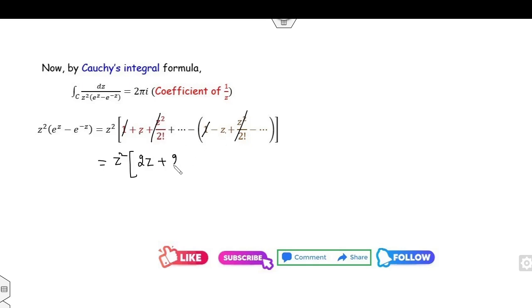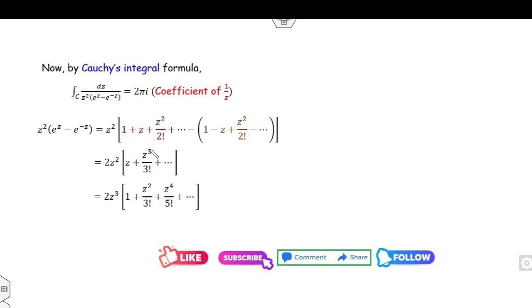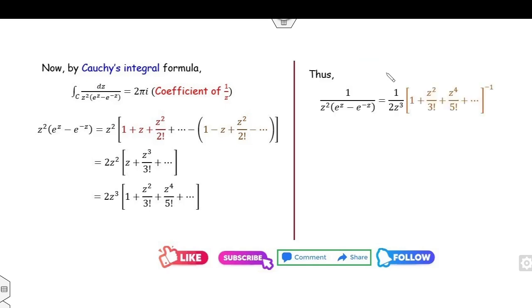Similarly, it's 2 times z cube over 3 factorial and so on. I can take 2 as common, z is my common. So it will be 2z cube. I can substitute the value in the given function. So that will be dz over 2z cube times 1 plus here.